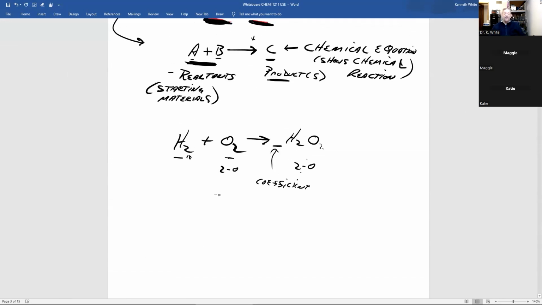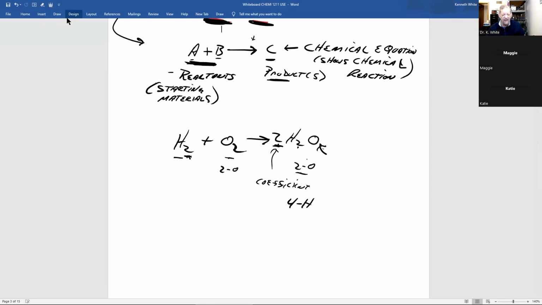And if we need two oxygens on each side, in water there's only one, so I'll put the number 2. So 2 times 1 is 2 oxygens. I changed the coefficient, but now how many hydrogens do we have on the left and on the right, at the head of the arrow? 2 times 2, we have 4 hydrogens.